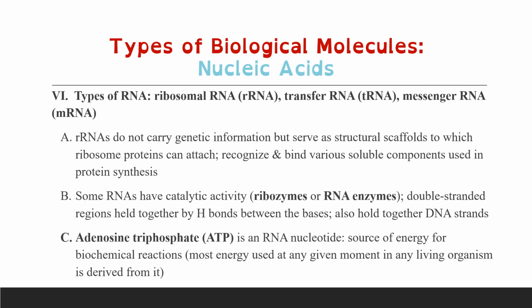They have double-stranded regions held together by hydrogen bonds between the bases, which also hold together DNA strands. ATP or adenosine triphosphate is an RNA nucleotide. It is a source of energy for biochemical reactions, and it is the most used at any given moment in any living organism.